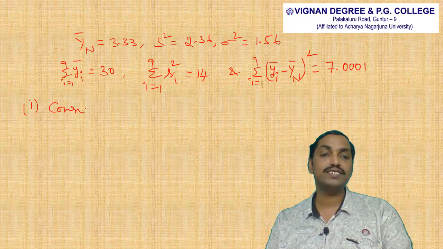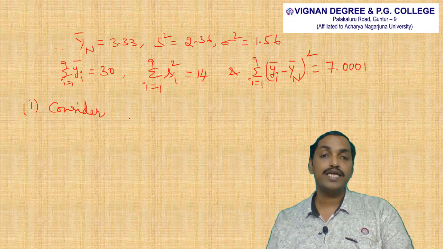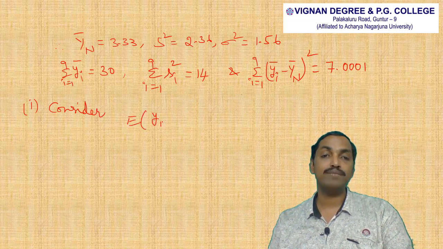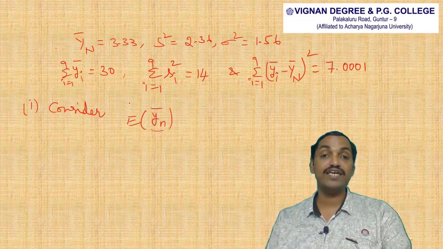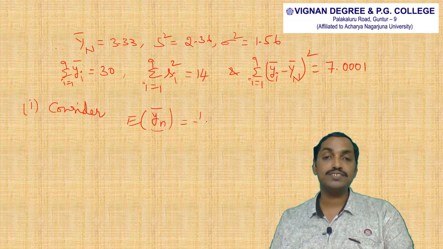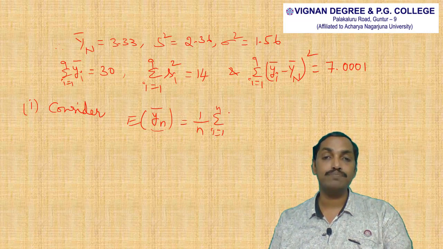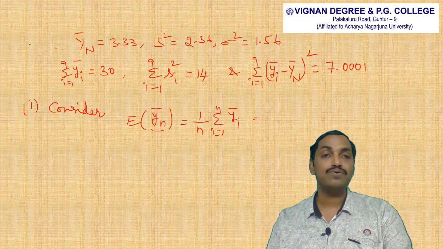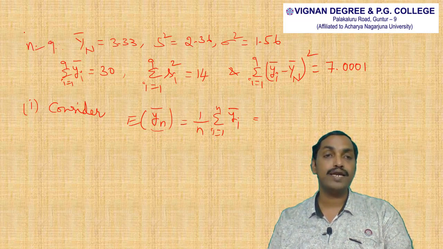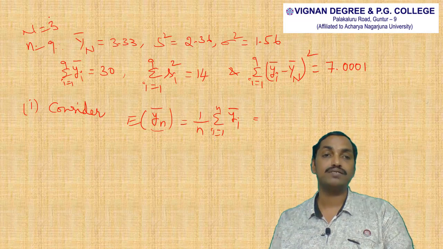Now, in the first bit, we need to verify that the sample mean is an unbiased estimator of population mean. So consider expectation of small yn bar. Small yn bar means the sample mean. So we are going to calculate the average of the sample means. The formula for this is 1 by n into summation i is equal to 1 to n yi bar, where small n is equal to 9 and capital N is equal to 3.